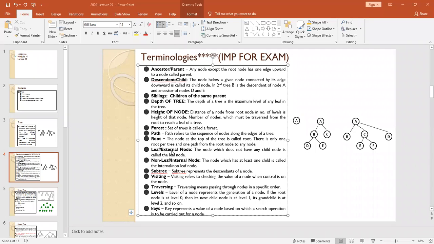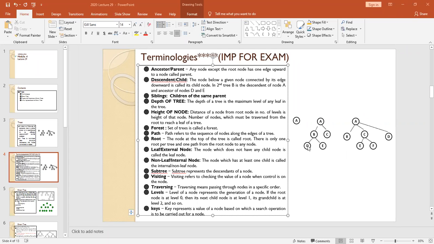Now come to the external node. External means outside. An external node is a node which does not have a child node. A has children B and C, but C has no child. A node which doesn't have a child node is called a leaf node.